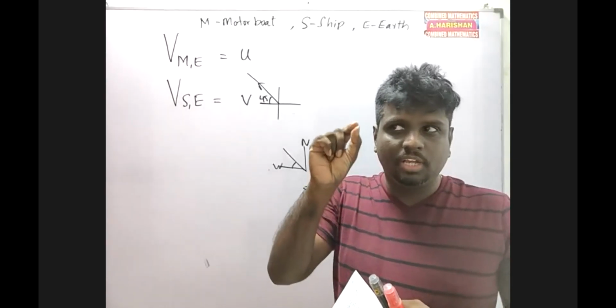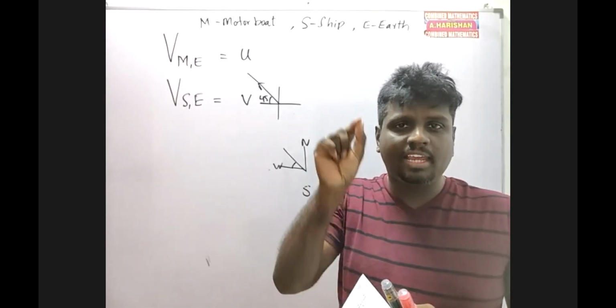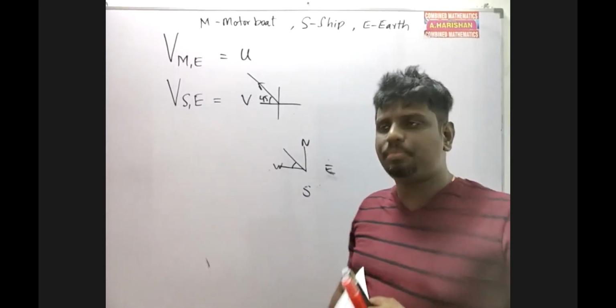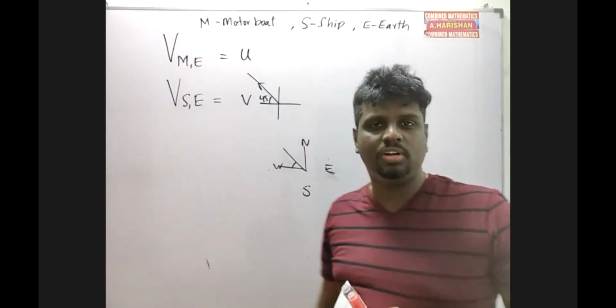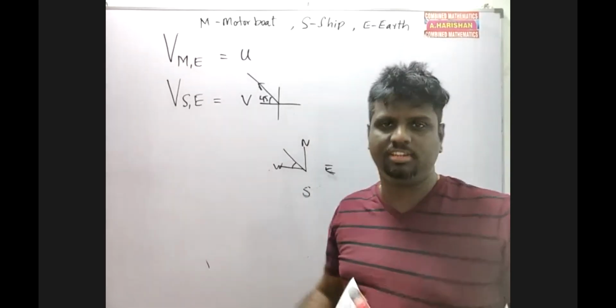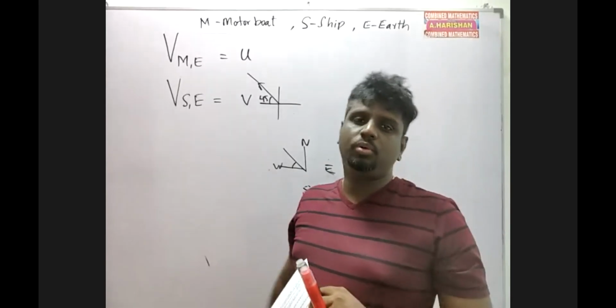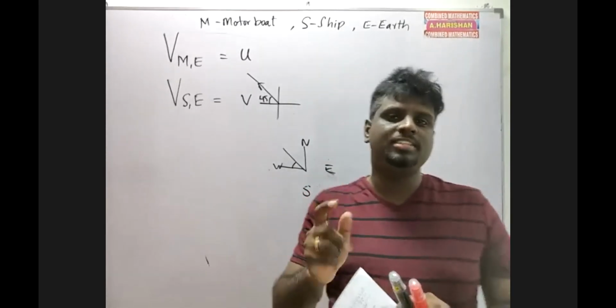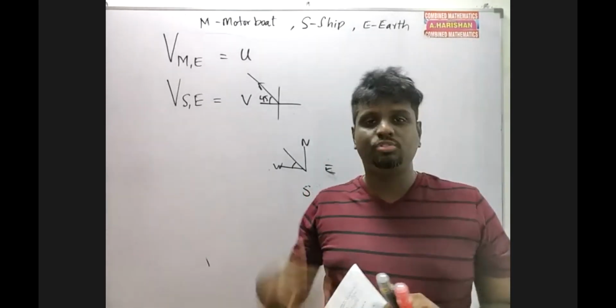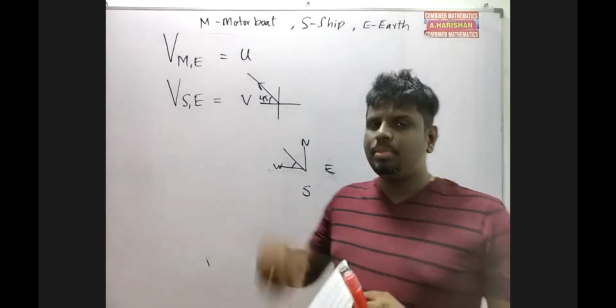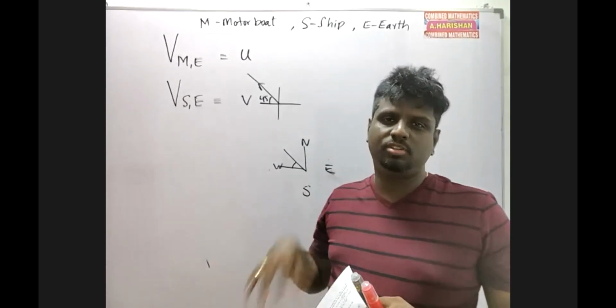Whenever magnitude is there, I call it a plus. Whenever only direction is there, I call it a minus direction. Whenever magnitude is there, that is plus. I'm going to use this plus and minus notation just to understand. After mastering this subject, you don't need that.